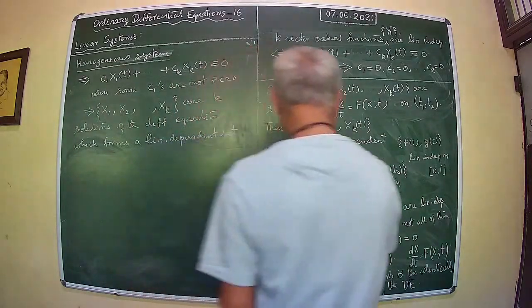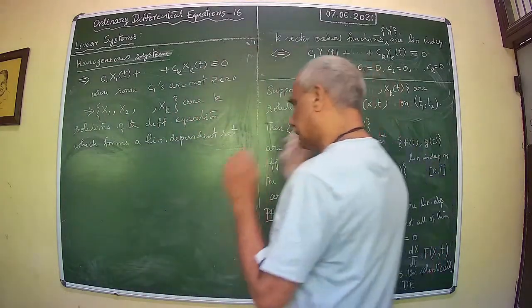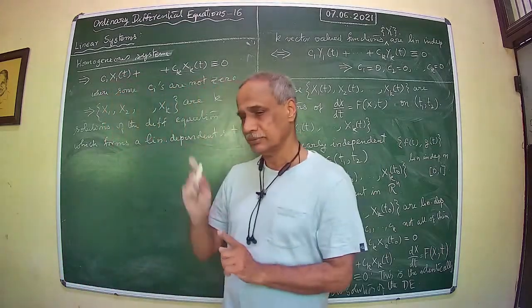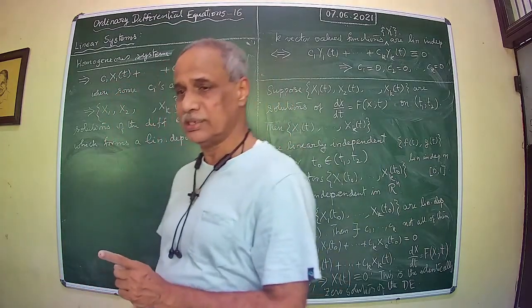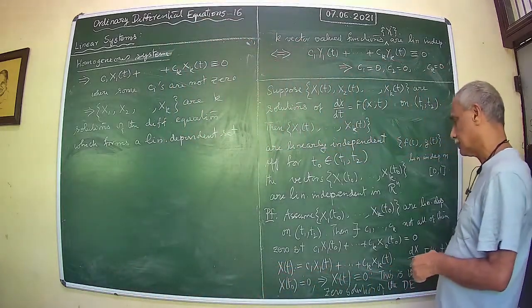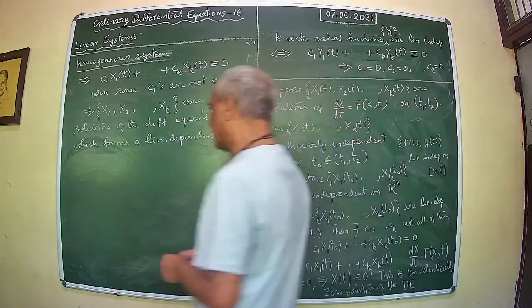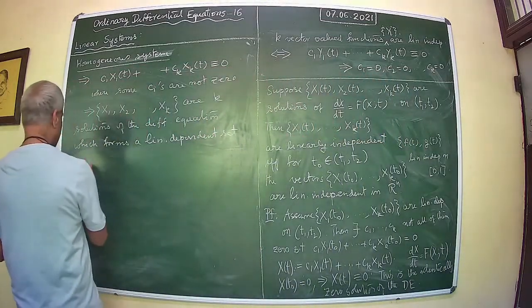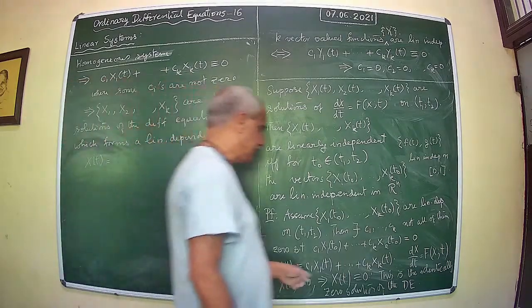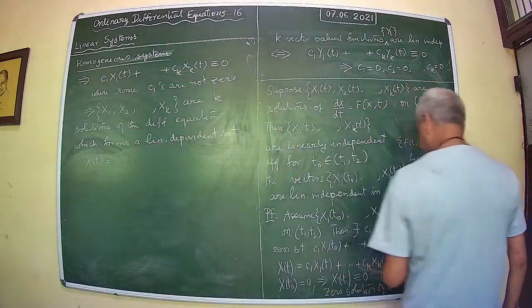Now corresponding to each xi t0, you have got corresponding solutions xi t of the differential equation. Then what do you get? Suppose you take x t equal to c1 x1 t plus c2 x2 t plus etc. plus ck xk t.